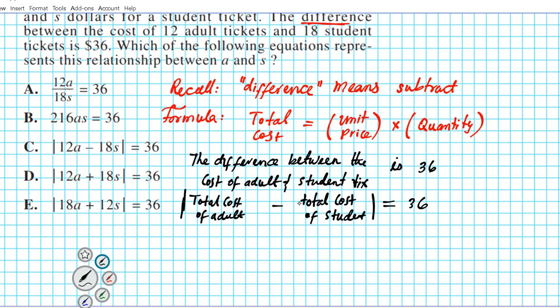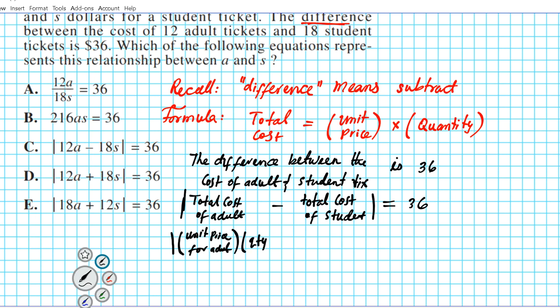In this scenario, we have two total cost calculations that we're going to be carrying out. The first involves the total cost of adult tickets, which is the unit price multiplied by the quantity. So for the adults, we multiply the unit price for adults times the quantity of adult tickets.